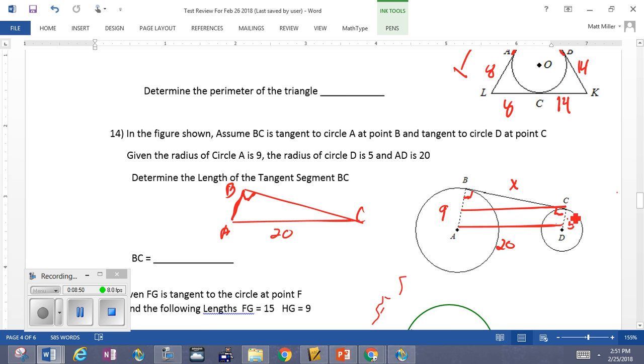Now, this segment right here has got to be the difference between the two radii, because if I move this dotted segment over, it's the same length over here. So if the radius of the large circle is 9, and the radius of the small circle is 5, then their difference accounts for this length here, which is 4. Now I have two of the sides of the right triangle. This is going to be my x.